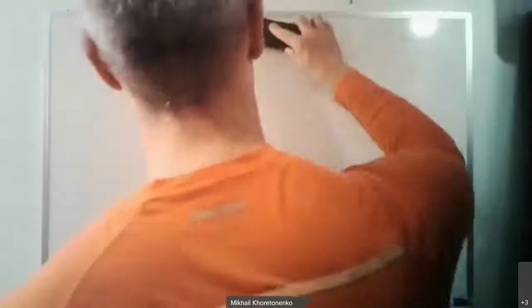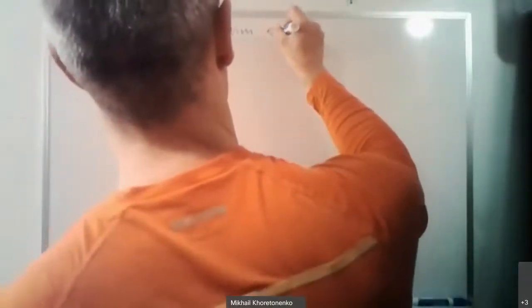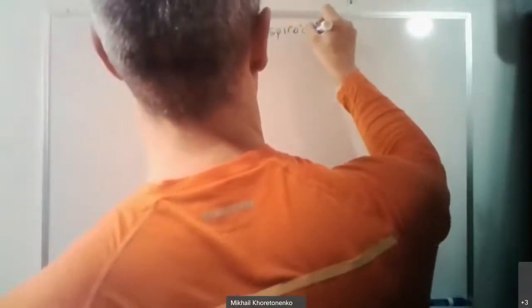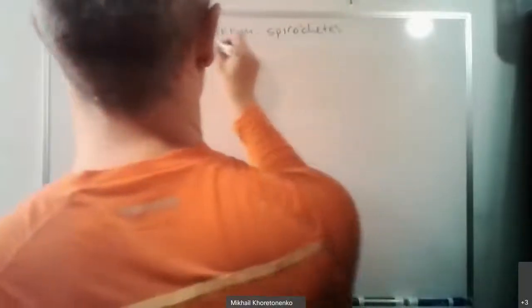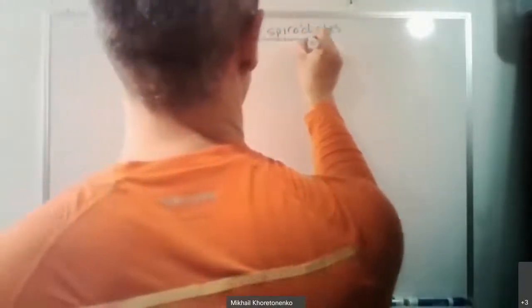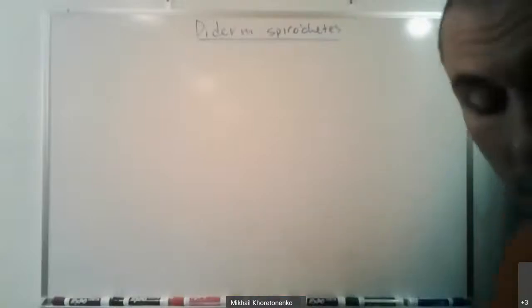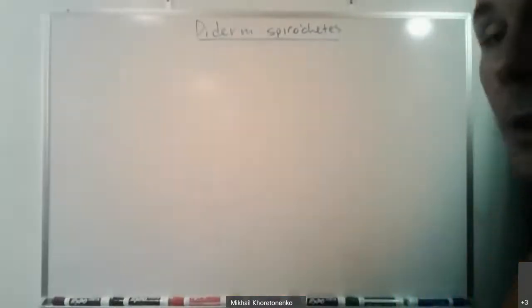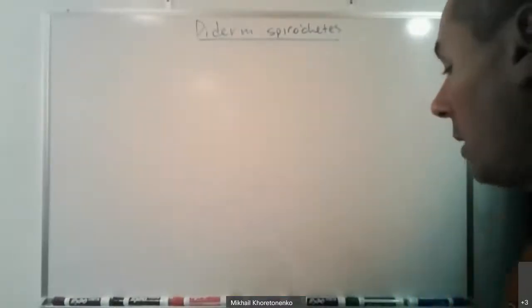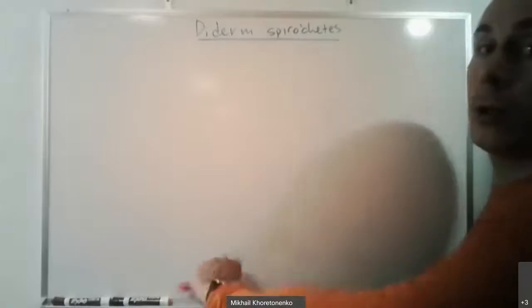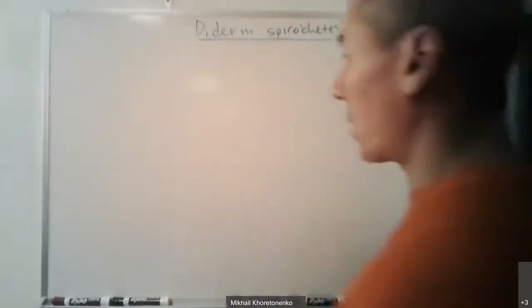We're going to actually name them D-Derm spirochetes. So all these three microorganisms are spirally shaped. They're relatively thin. That's why they are best observed using the dark field microscopy.